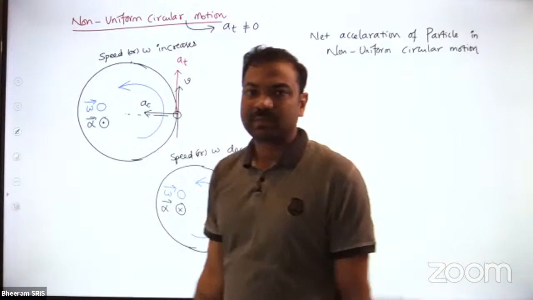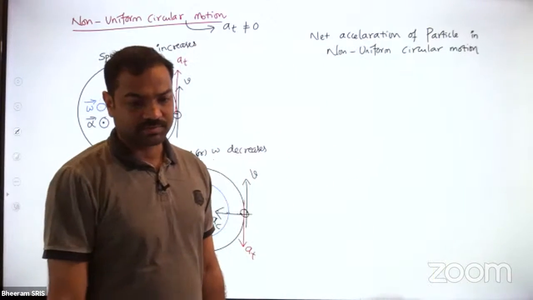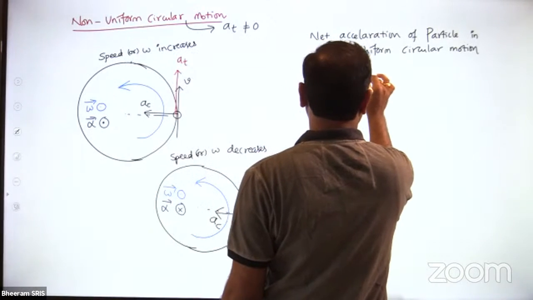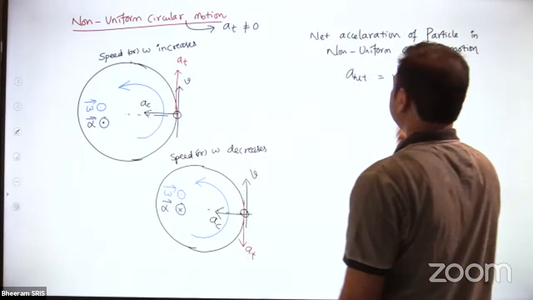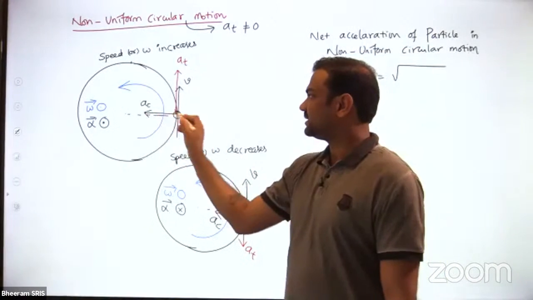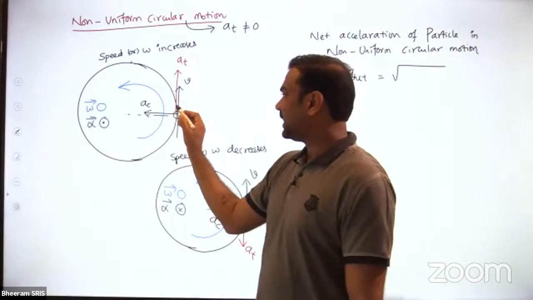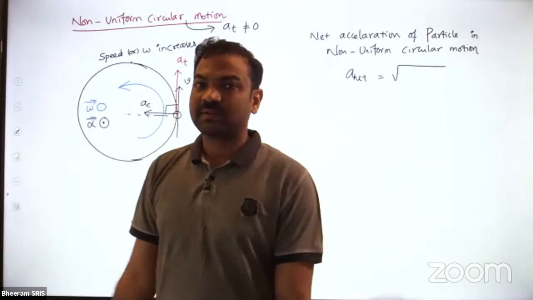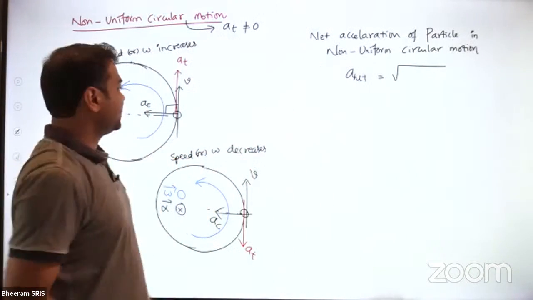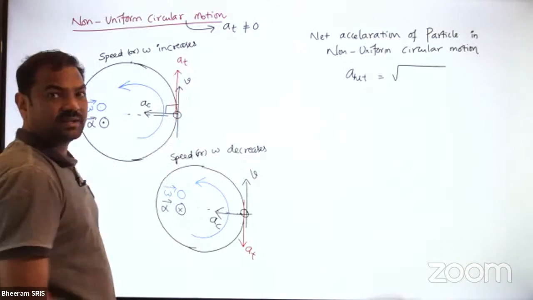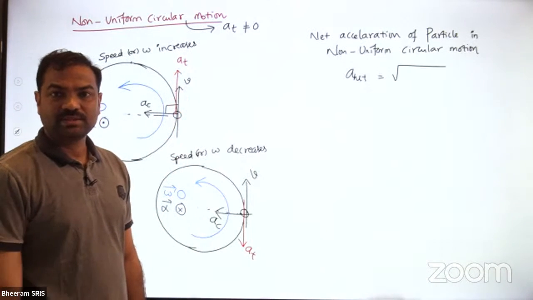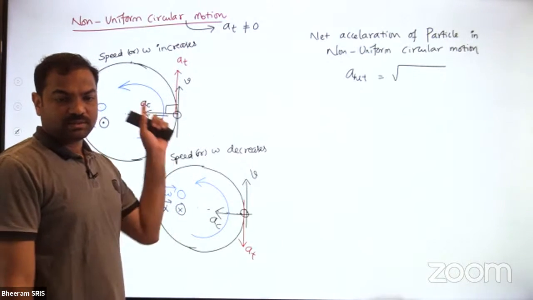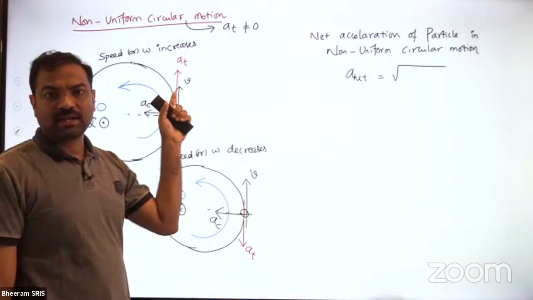Net acceleration of the particle is equal to, I can write down, root of... see, this is one acceleration, this is the other acceleration. The angle between these two accelerations is 90. One is radial, the other one is tangent. Tangent is always perpendicular to radial. So two vectors are at an angle of 90.